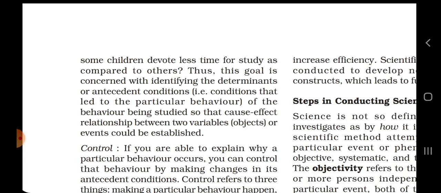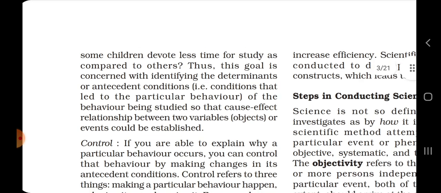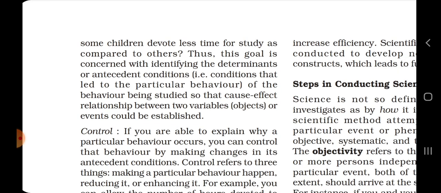So that cause effect relationship between the two variables, that is objects or events, could be established. By explanation you can establish the cause and effect. What is the cause for that effect you can explain, you can come to know.